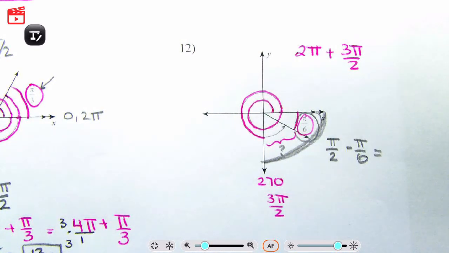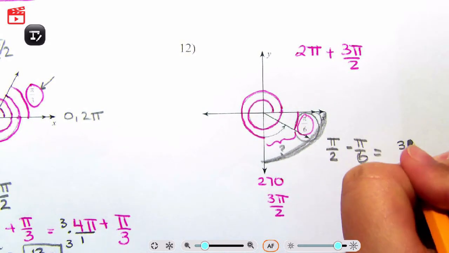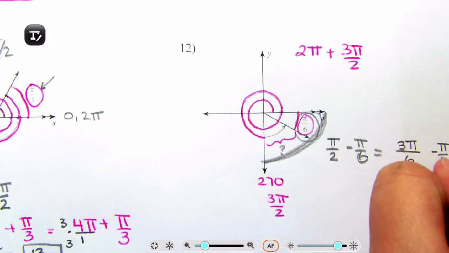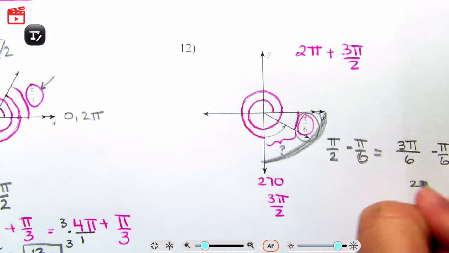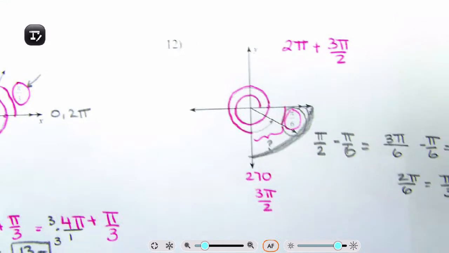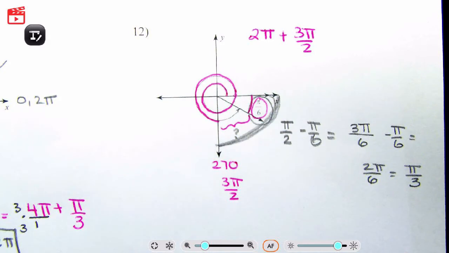So I'm going to subtract and use common denominators. So 3 pi sixths minus pi sixths, which means I get 2 pi sixths, which means I get pi thirds. So that means this little piece right here is pi thirds.